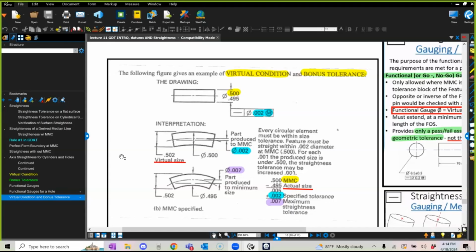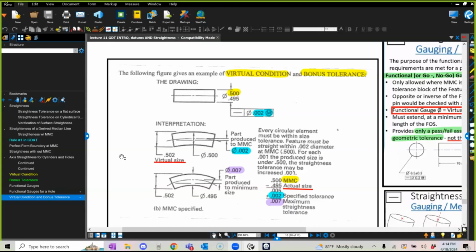When you put a straightness on a feature of size, you open up the envelope. But you open up the envelope based on the geometric imperfection, how much you want to give it. It's going to depend on function. Once you open the envelope, you slightly raise the size of your envelope. Now your part can go inside, and if it comes at its maximum material condition, you can only have this little extra in terms of imperfection.